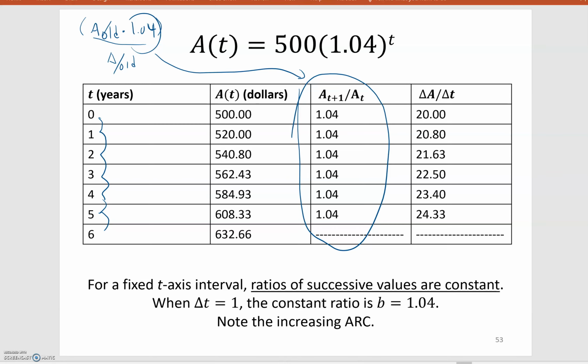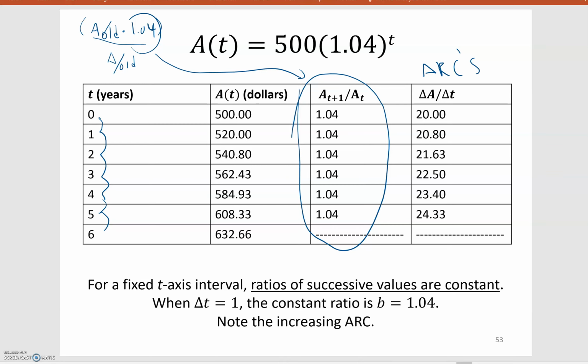Now, in this fourth column, we have the average rates of change. And you notice that these are not constant, right? So this is not linear, so we don't have a constant average rate of change, but we do have a constant ratio of new over old outputs.